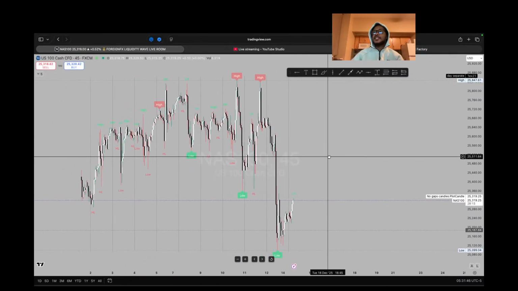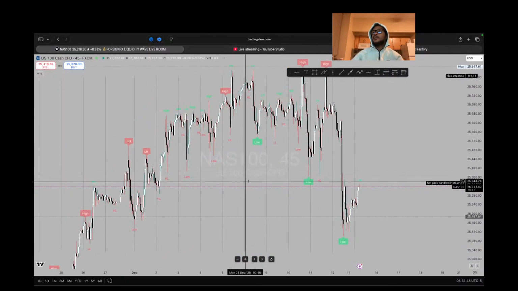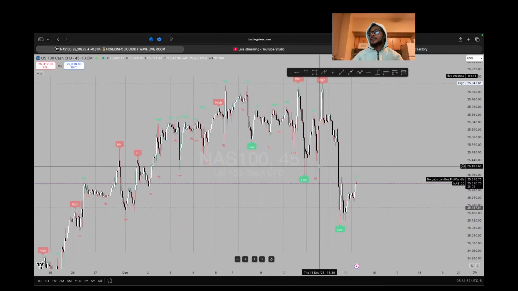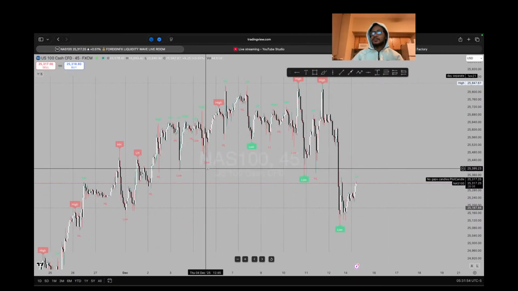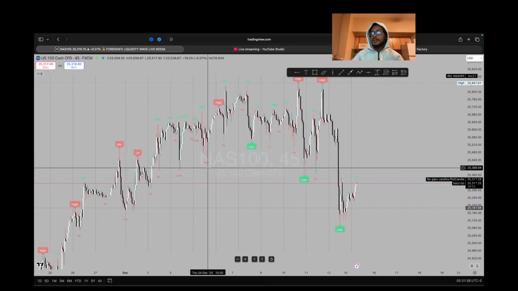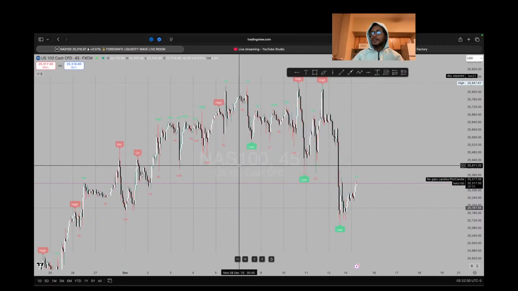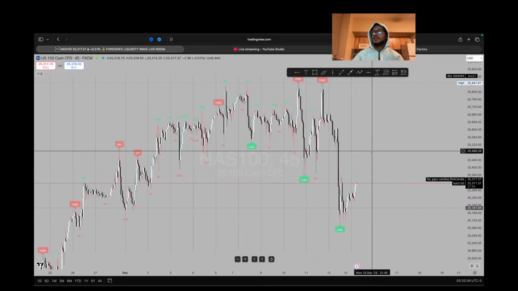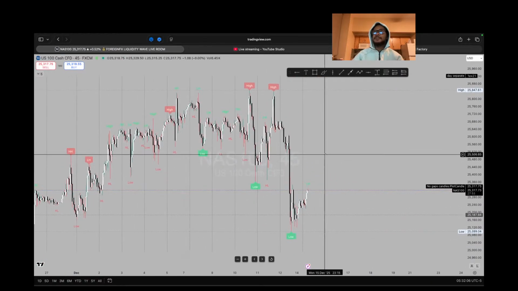Nas just been choppy, yo. Glory be to God to those that trade Nas. Alright, let me see. 1 week. Choppy, choppy, choppy. 2 week. For the past 2 weeks, Nas been chopping around.